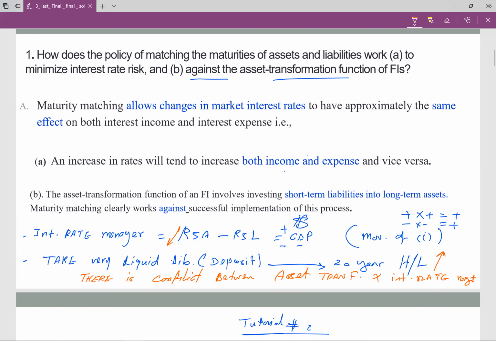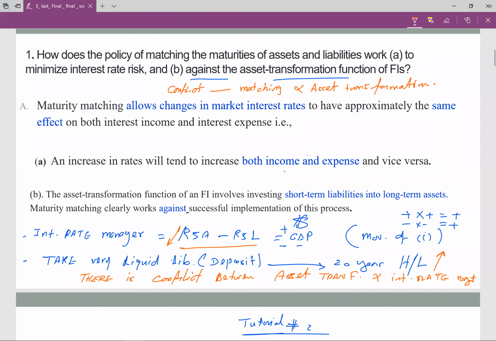Okay, so I come back to the question: maturity. I want you to understand something to make it a little bit nice. There is actually a conflict between something called matching and asset transformation. Because this one, interest rate management, is looking for matching.